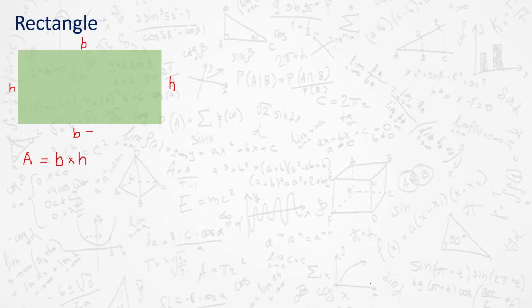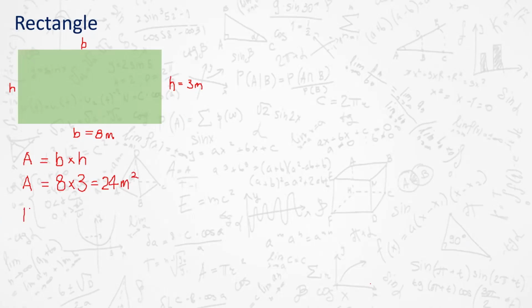For example, if my base equals 8 meters and my height is 3 meters, to work out the area equals 8 times 3, which is 24 meters squared.